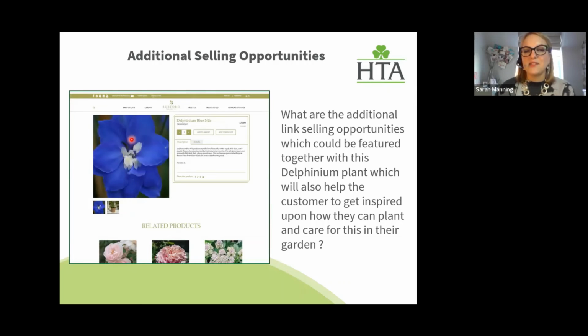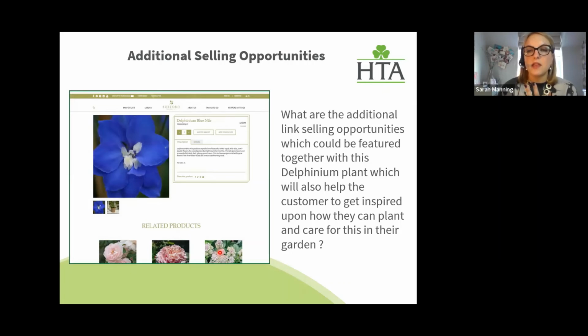And this one here as well. I thought this is a great opportunity for the 3 products underneath to be products that could help the customer to understand how they can care for that plant. So you might want to think about chems and ferts, pots.